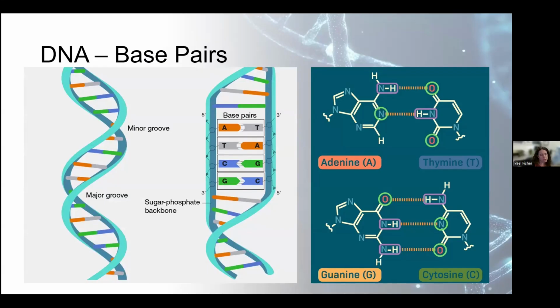It's always the same pair. So adenine always pairs up with thymine, and guanine always pairs up with cytosine. It's always a purine with a pyrimidine, and they have different bonding. So this is the only type of pairs we can see in the DNA.